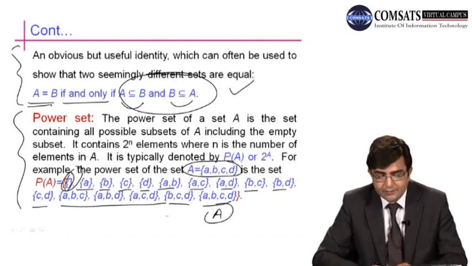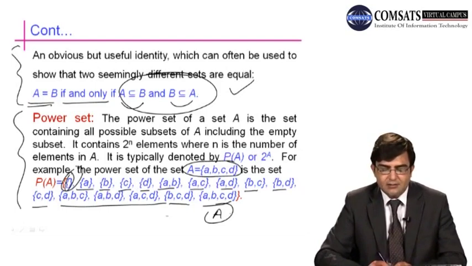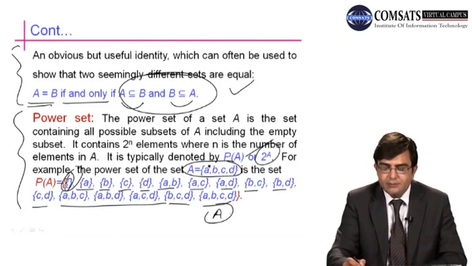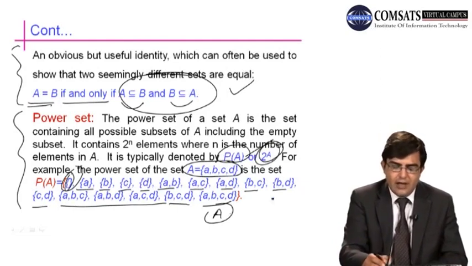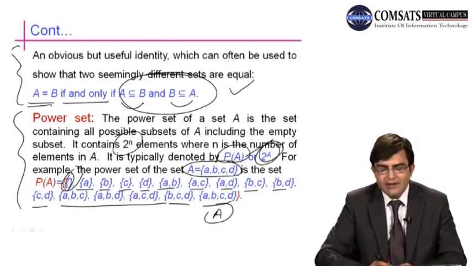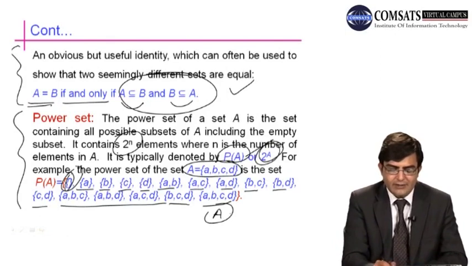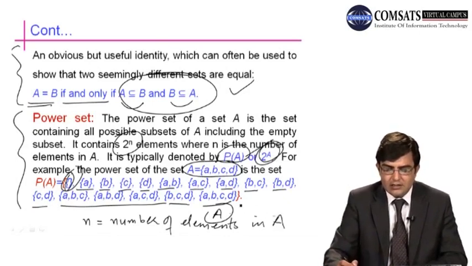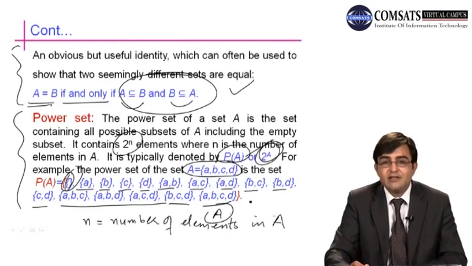Now how many elements are there in the power set? The power set is denoted by P of A or 2 power A, and it contains 2 to the power n elements, where n is the number of elements in A. Here in this case, what is the number of elements in the power set of A, where A is A, B, C, D?